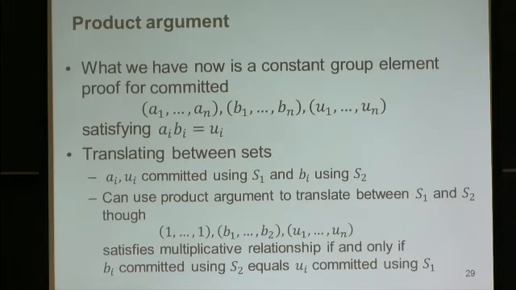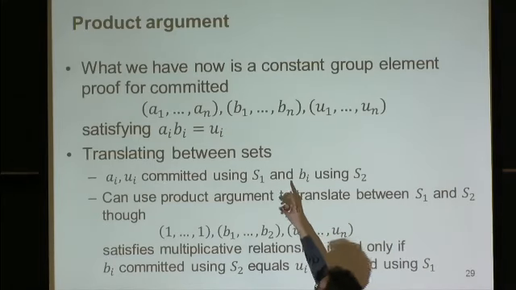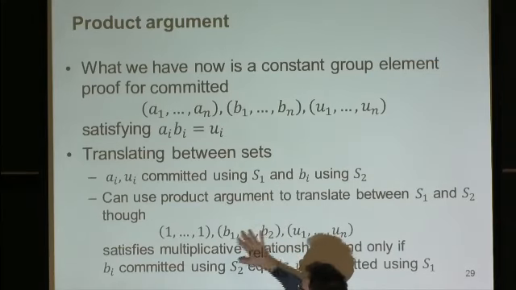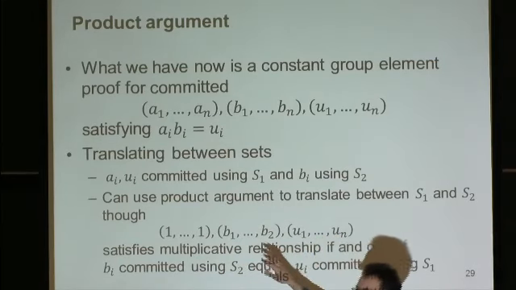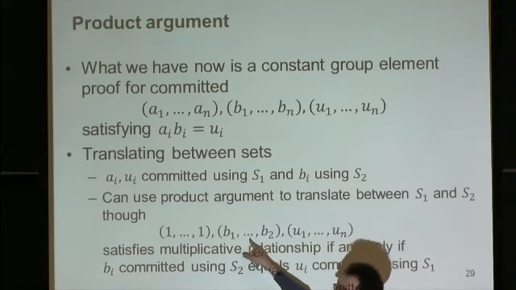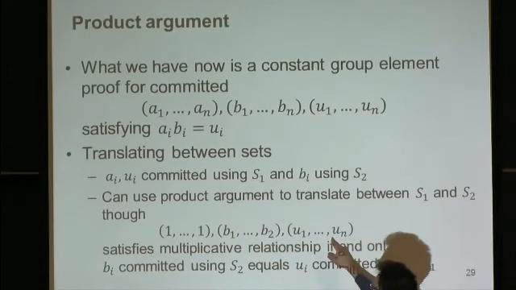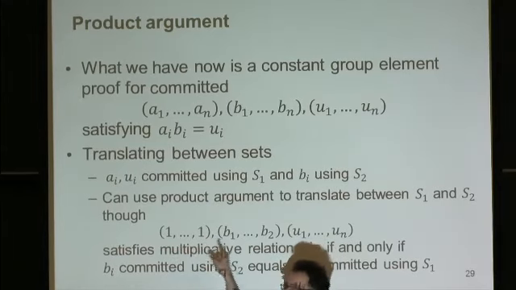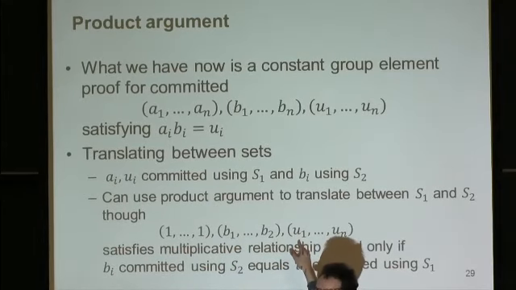Okay. I did have this problem that I looked at just as a case where the BIs were committed in S2, right? But you can actually use the product argument to translate between sets. If I have some values committed in S2, and some values in S1, and I do a product argument with ones, then I guarantee that the BIs and the UIs are the same.